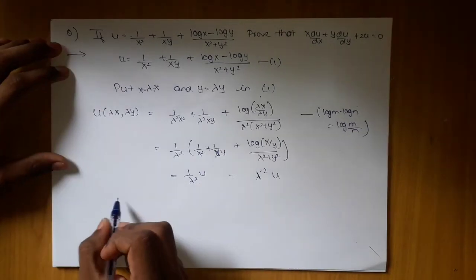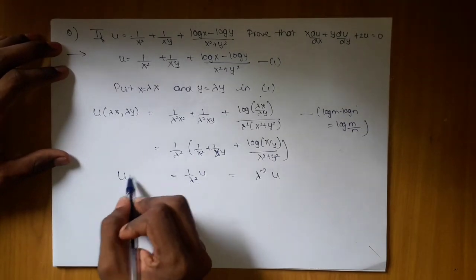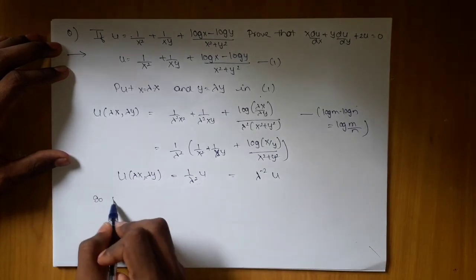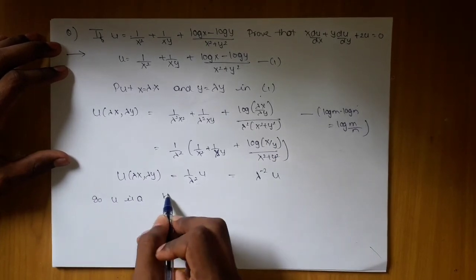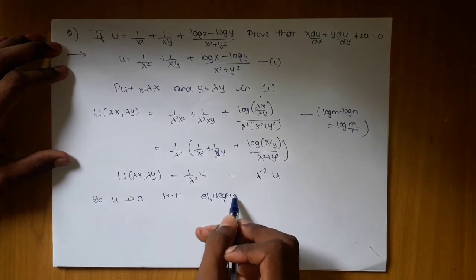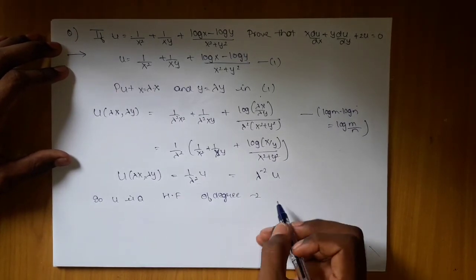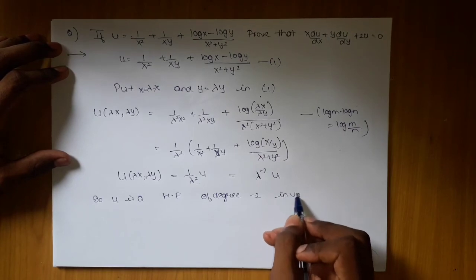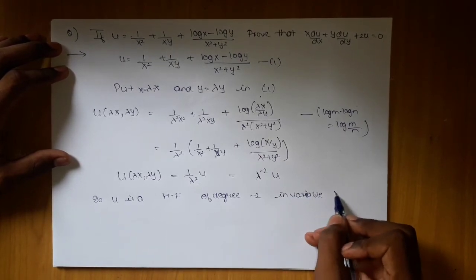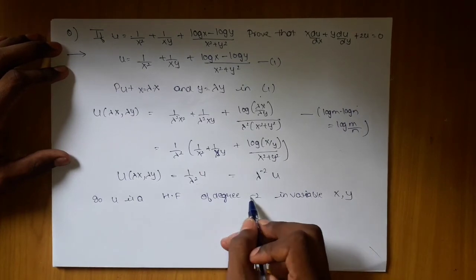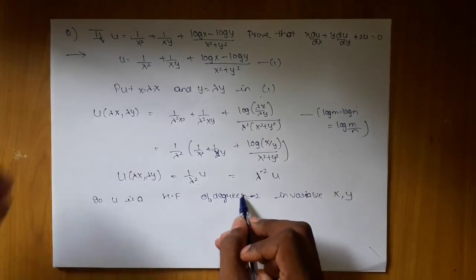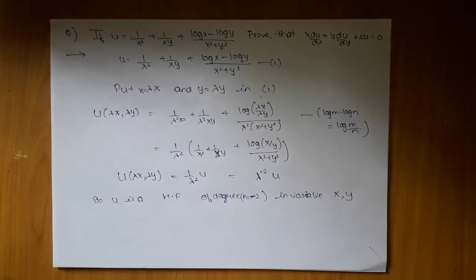So u is a HF, homogeneous function of degree minus 2 in variables x comma y. While mentioning degree you can write n equals minus 2, so the teacher will have an idea that the n value is minus 2.